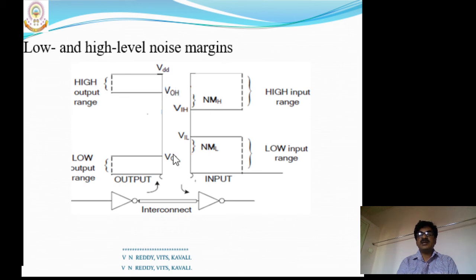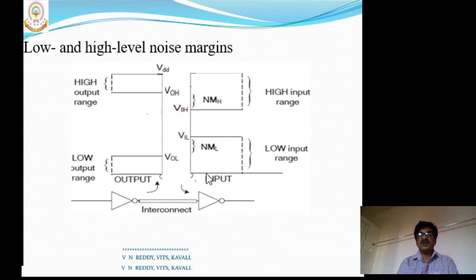Similarly, in logical low, VOL is the maximum voltage with reference to logic 0 at the output of the first inverter. But suppose because of noise, the voltage value is greater than VOL, up to the VIL value, see here, up to VIL, though the output voltage is raised above the VOL, it is considered as logical low by the second inverter.